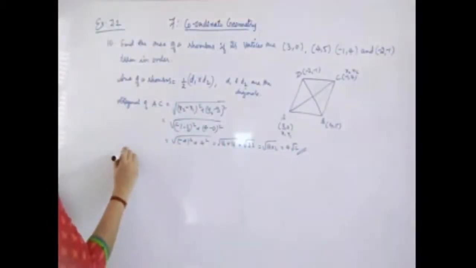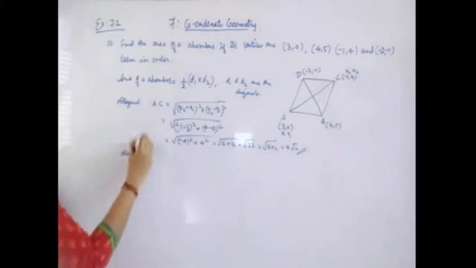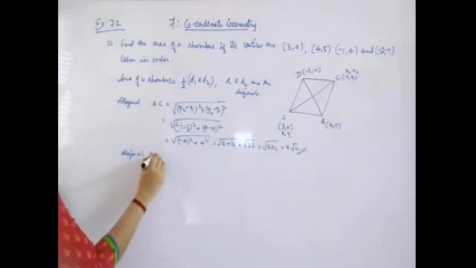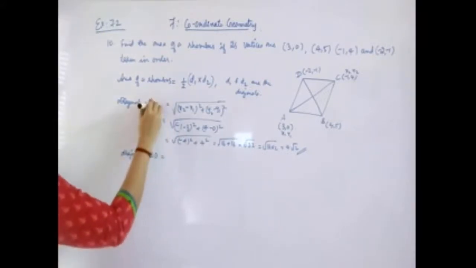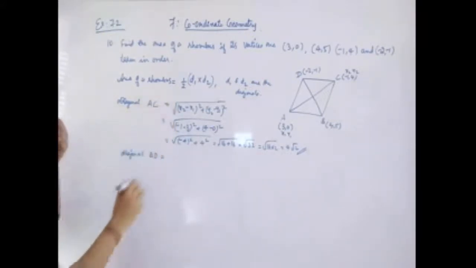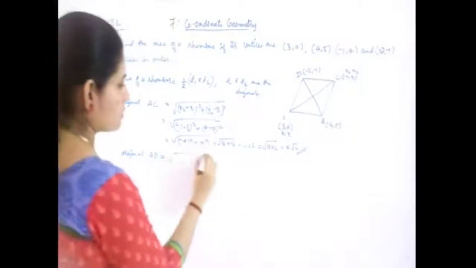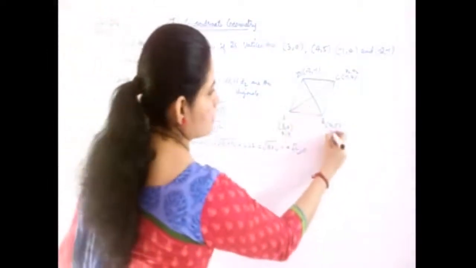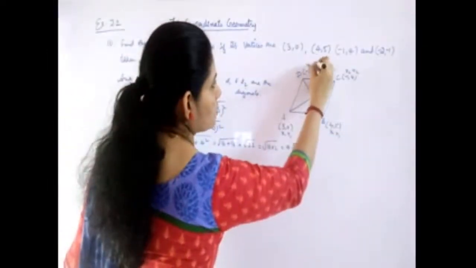Now you will find the length of diagonal BD. Again, this is your x1, y1 and this is your x2, y2.